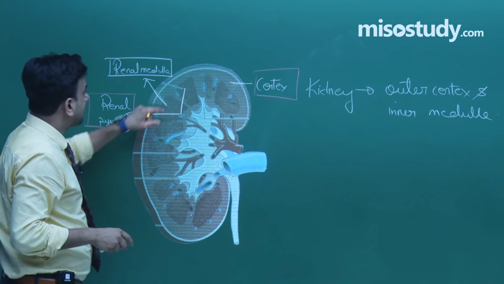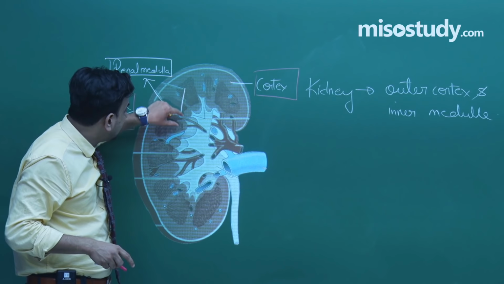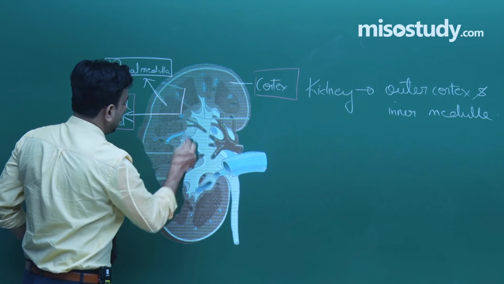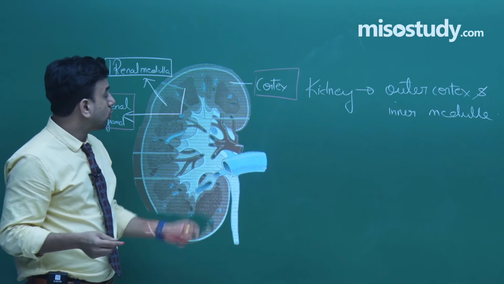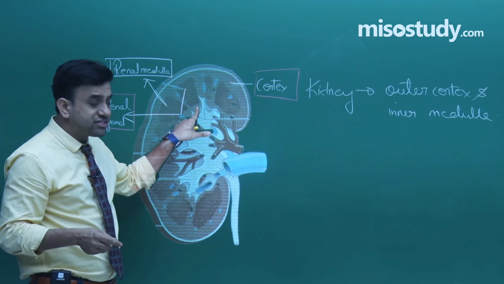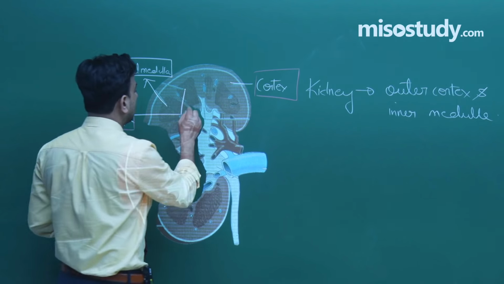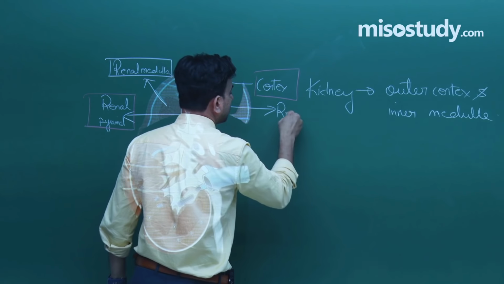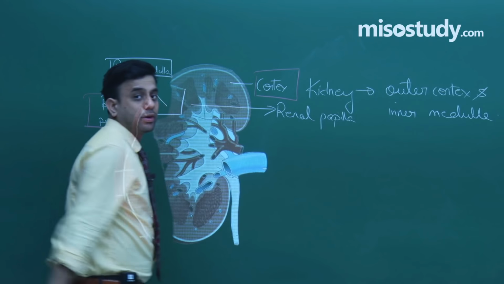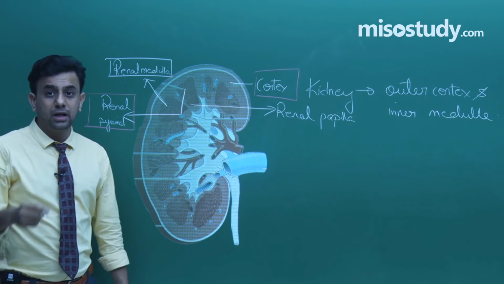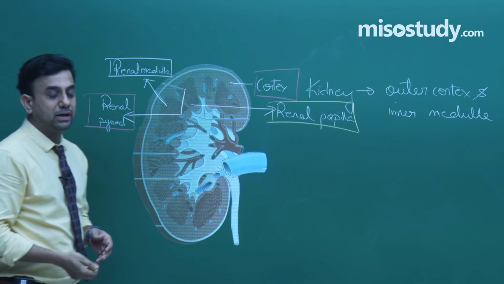These renal pyramids have the broad structure towards the cortex region and the narrow structure here. These narrow structures are called the renal papilla. So the narrow ending of the renal pyramids towards the medullary end is called the renal papilla.